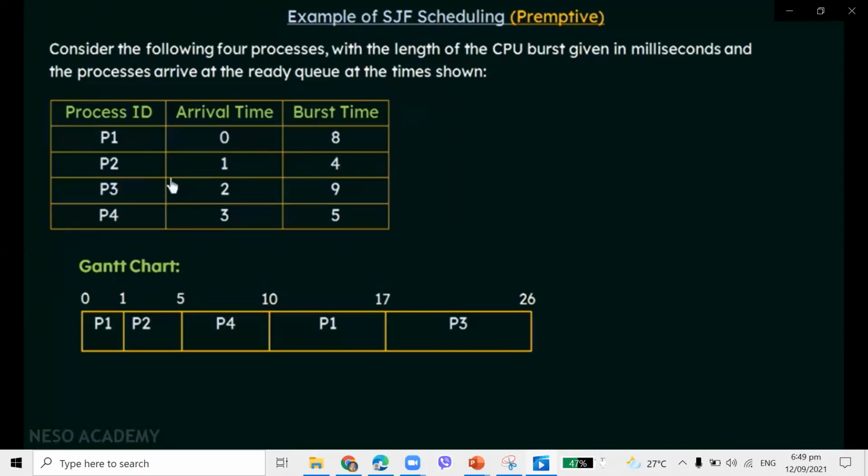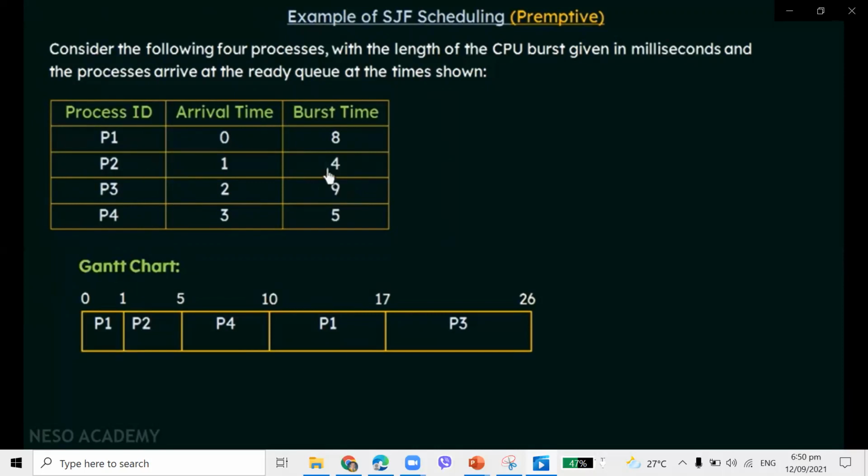Now what happens is at time 1, so at 1 millisecond, P2 arrived. And what is the burst time of P2? It is 4 milliseconds. So we see that at time 1, P2 arrived, and the burst time of P2 is less than that of P1, which is already using the CPU. So here the SJF scheduling algorithm is going to work, because the process having the lesser CPU burst should be the one getting the CPU first.